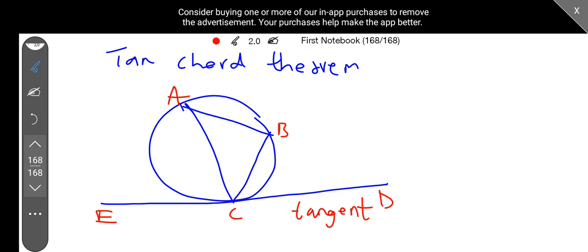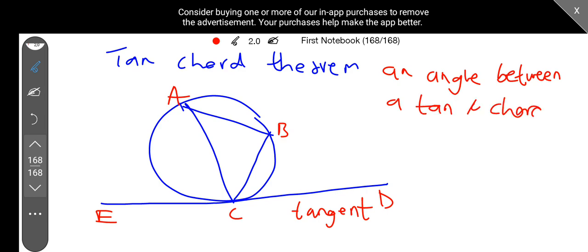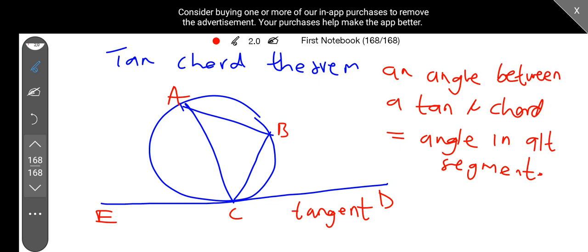So the tan-chord theorem says that an angle between a tangent and a chord, let me just write it, an angle between a tangent and a chord is equal to the angle in the alternating segment. We use acronyms in geometry, but feel free to write these things in full.